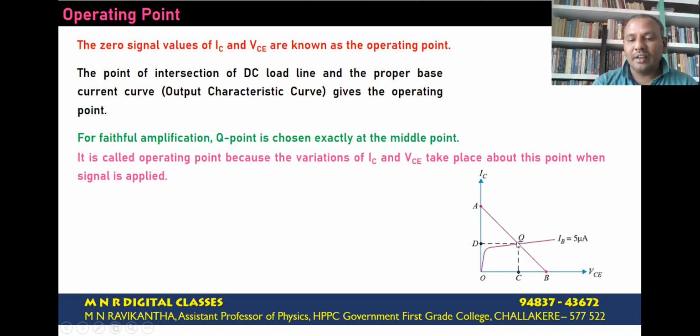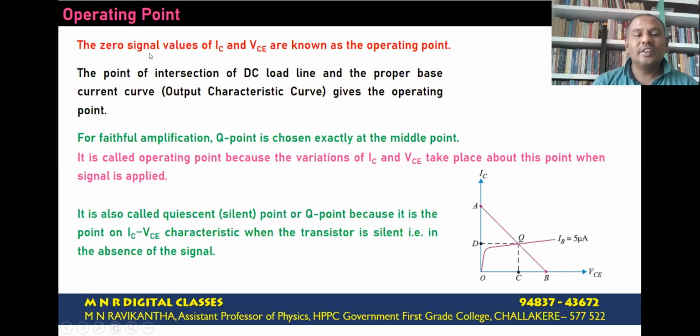Whenever a signal is applied, there will be slight changes in IC and VCE. Those changes will take place about this Q point. This point is also called the quiescent or silent point, or simply the Q point. This is because it is the point on the IC-VCE characteristic curve when the transistor is silent, that is, in the absence of the signal.